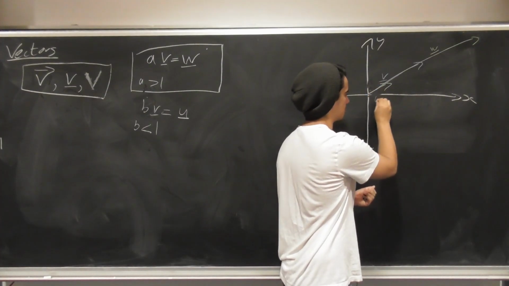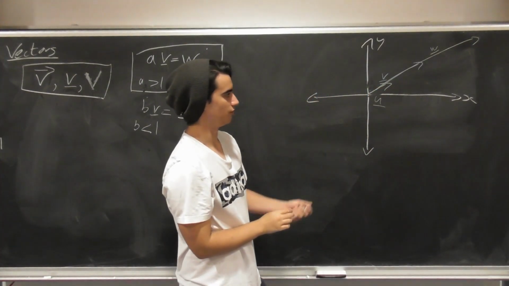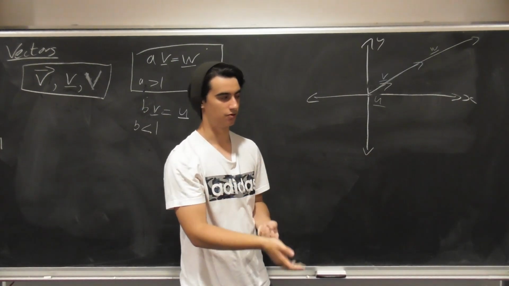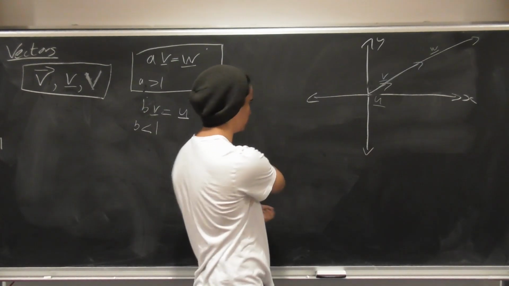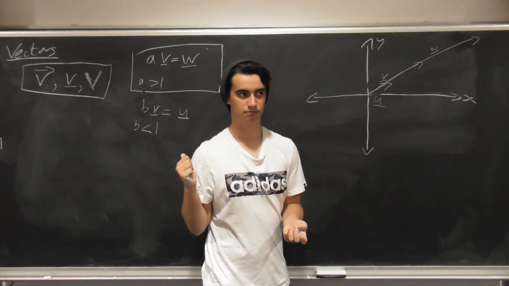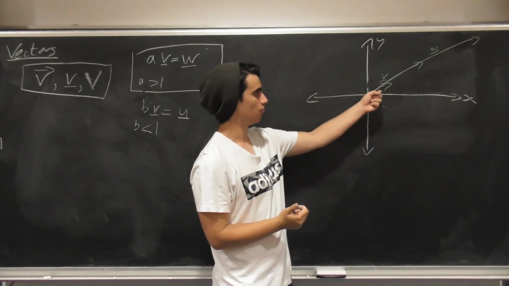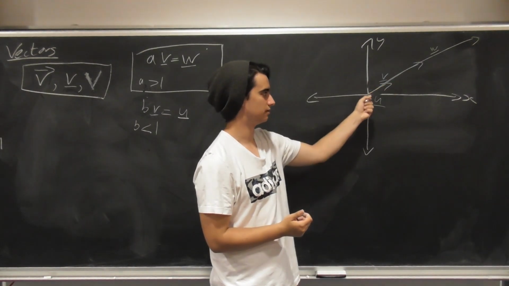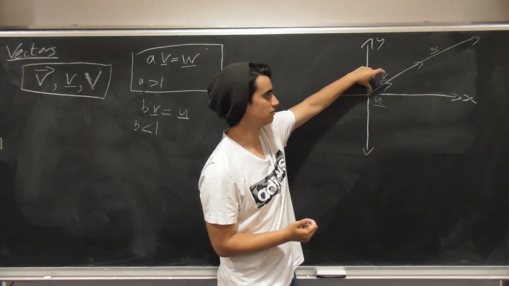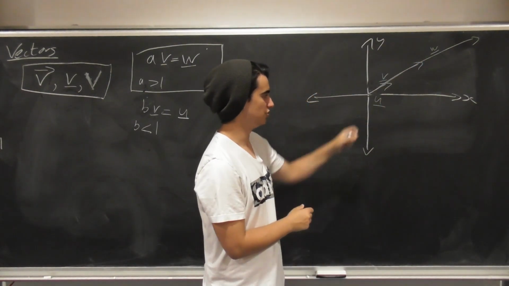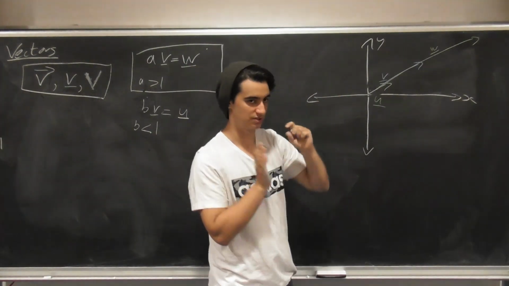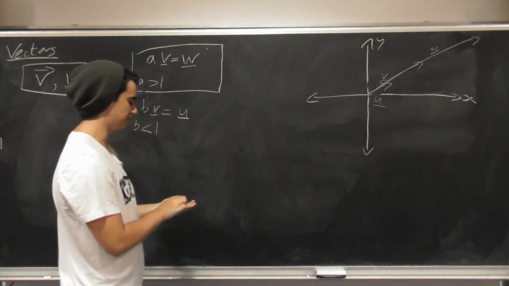It's still going in the same direction, just like w was, but u has a lower magnitude than v.